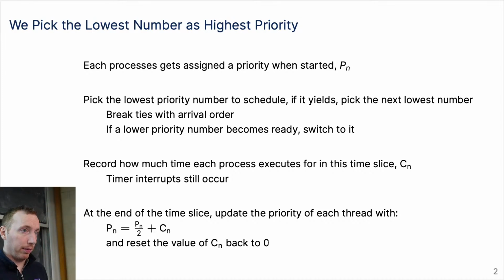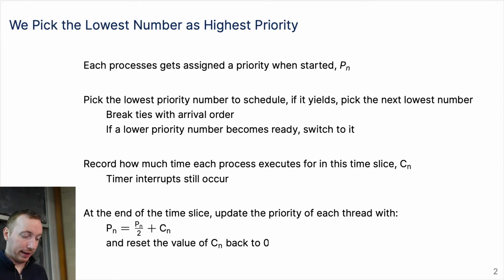So then within the time slice, we record how long each process executes for the time slice. And in this, there are many timer interrupts during the time slice. So a time slice will be a multiple of timer interrupts. So you basically just count the number of timer interrupts that thread or process, whatever you happen to schedule, is actually executing for.